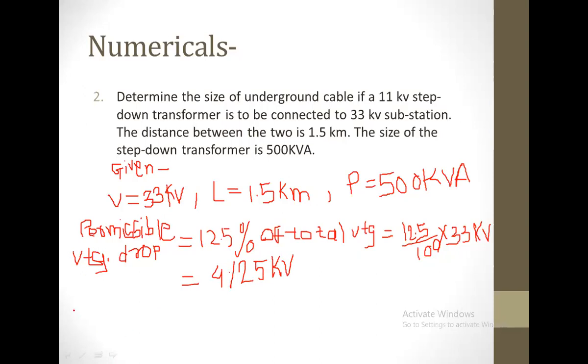Now we have to find the current carrying capacity. This is step one, we can write permissible voltage drop. Then next, step two. Now tell me the formula. P is equal to √3 VI.